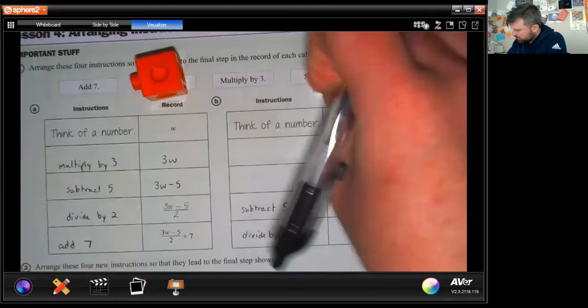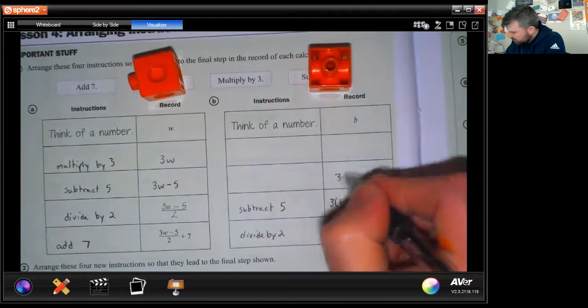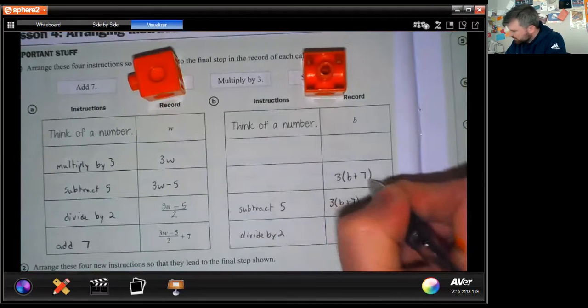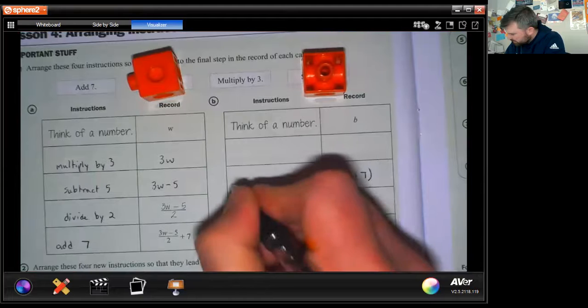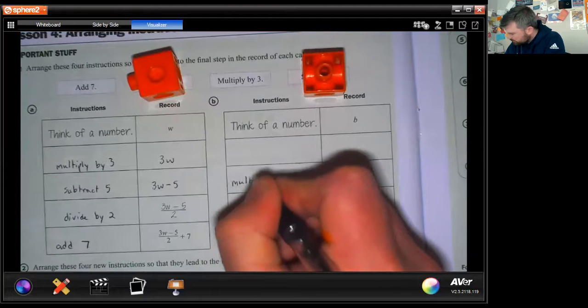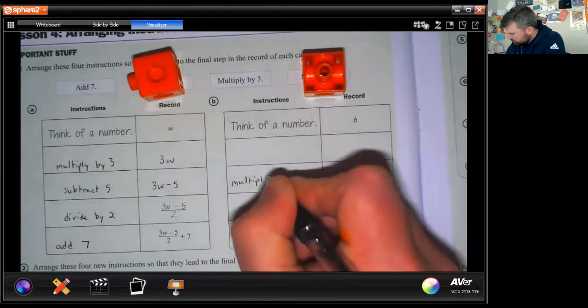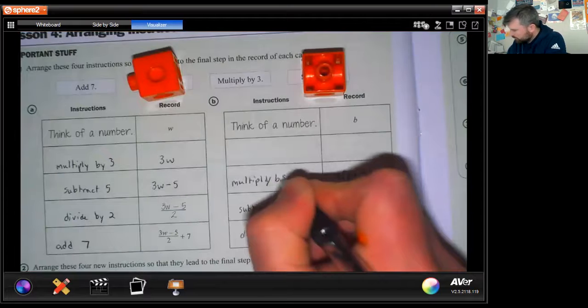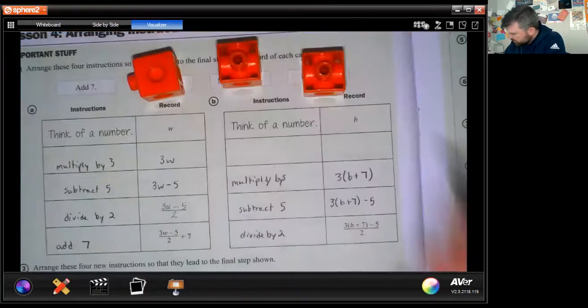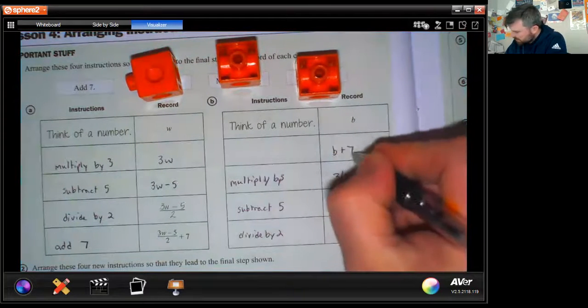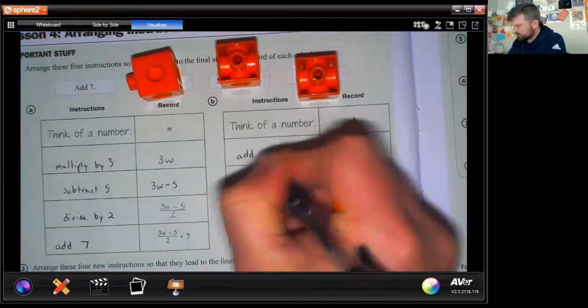So subtract 5. I get rid of that. I get 3b plus 7. So it looks like we multiplied by 3. Cover that up. And then you have b plus 7. So you add 7 there.